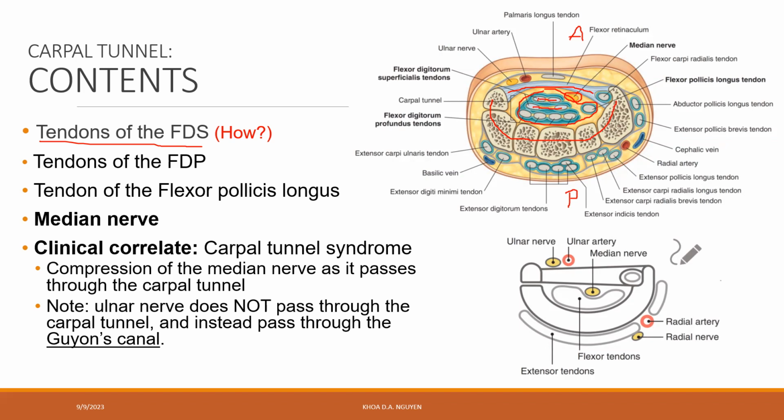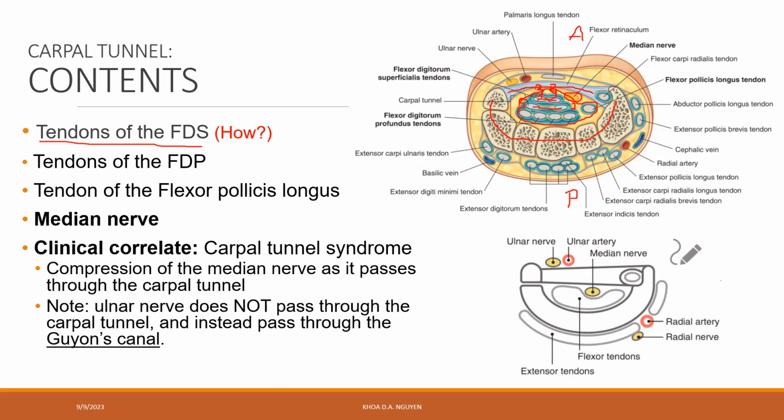These two are going to the digits 3 and 4. And these two are going to the digits 2 and 5. Actually, it's reversed, isn't it? Sorry about that. This should be 4 right here. This should be 3.